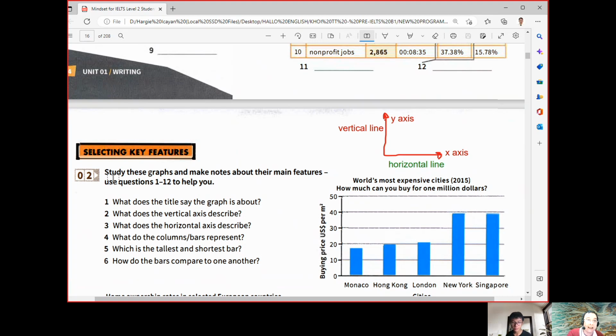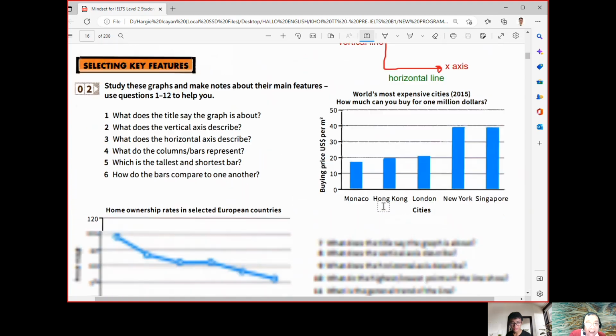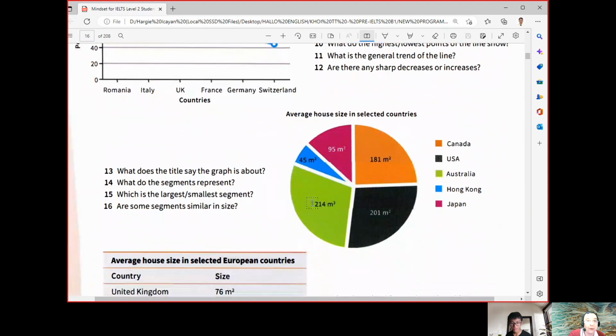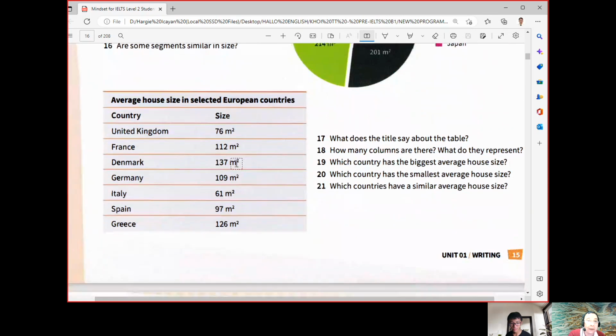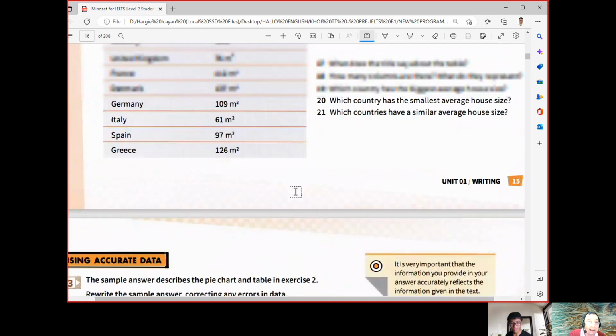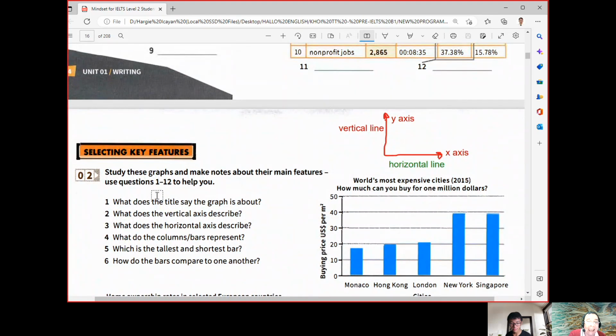The instruction is to study graph 1, graph 2, graph 3, graph 4, and after that answer questions 1 to 12, using the scanning technique.